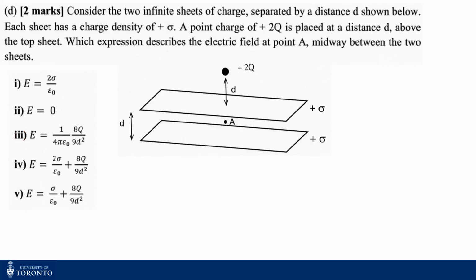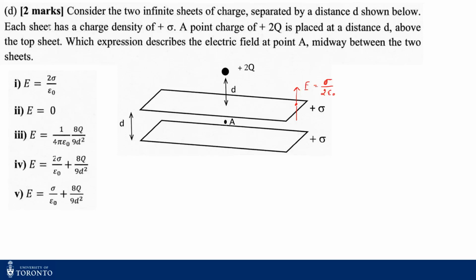Now here we see two sheets of positively charged plates, right? Which we know will produce an electric field in the upward direction with a magnitude of sigma by 2 epsilon naught, right?